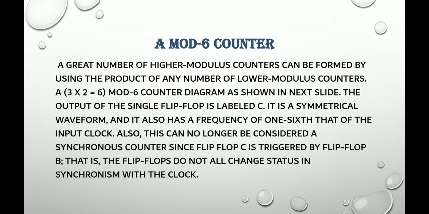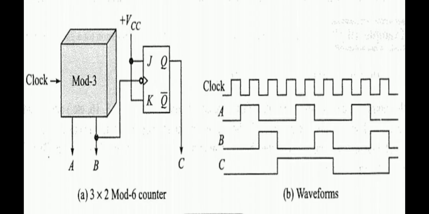Thus, a great number of higher modulus counters can be formed by using the product of any number of lower modulus counters. For instance, suppose that we connect a flip-flop at the B output of the mod 3 counter in the figure in this slide here.